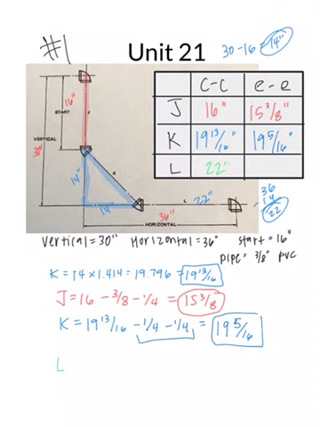And the last one, pipe L, 22 inches, sandwiched between a 90 and a 45. So a 1/4, take off 3/8. 22, take off a 1/4, take off 3/8 equals 21 3/8. Bam! There we are with unit 20 and 21.